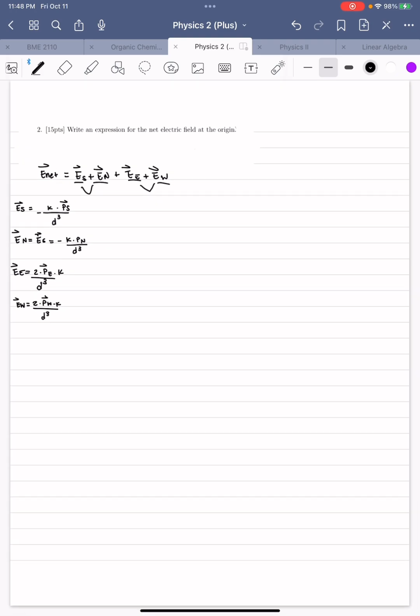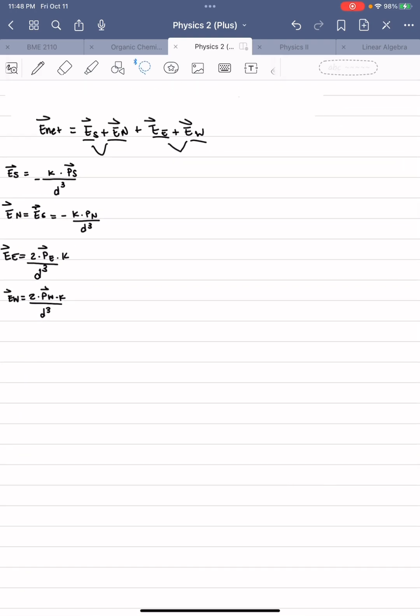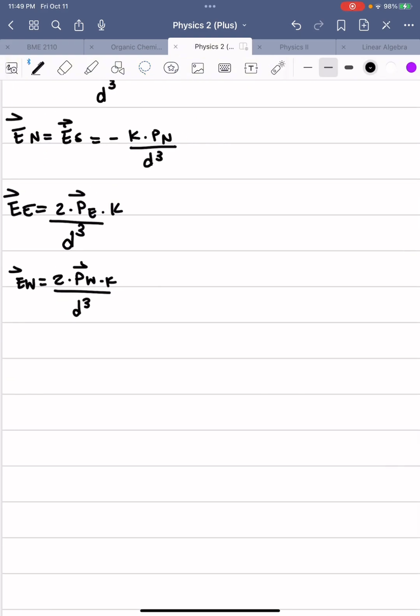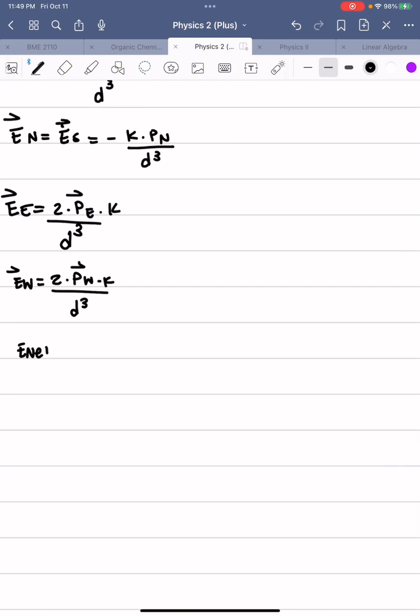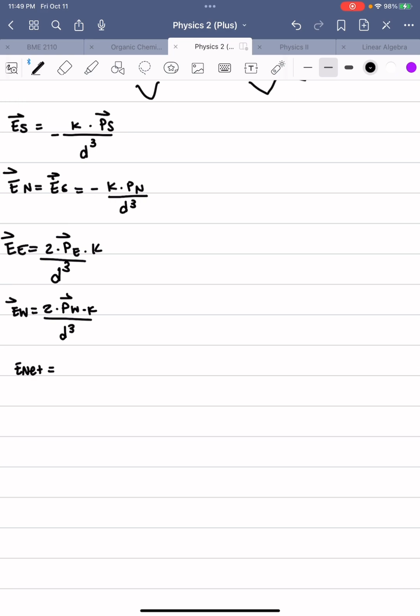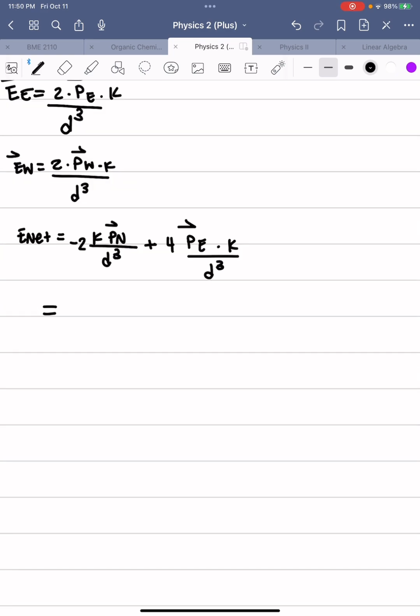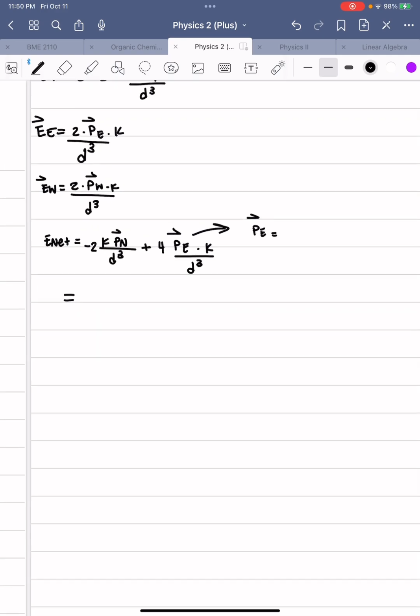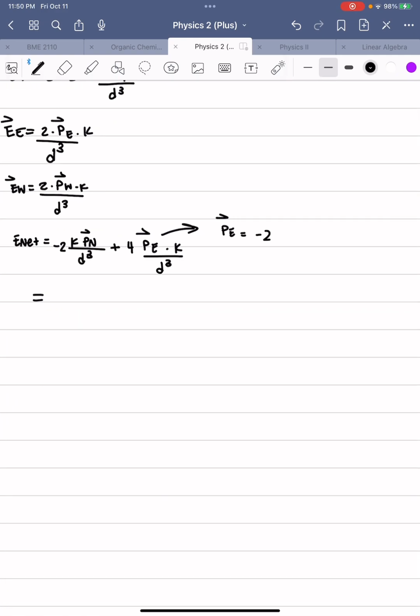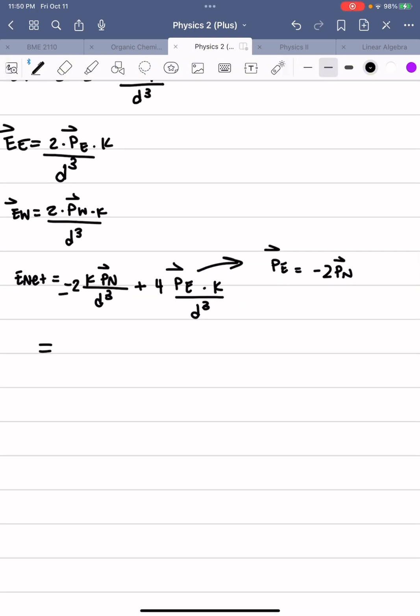Okay, so now we have all of them, and this is the formula we're going to use. Okay, we're not going to move it. But E net is going to be equal to, so P east is the same thing as saying negative 2 P north, since it has the negative going on.